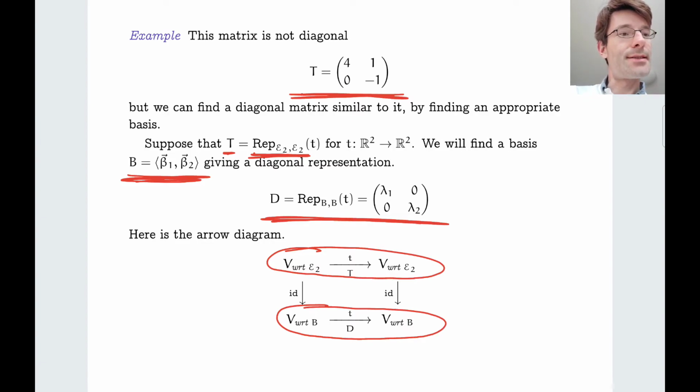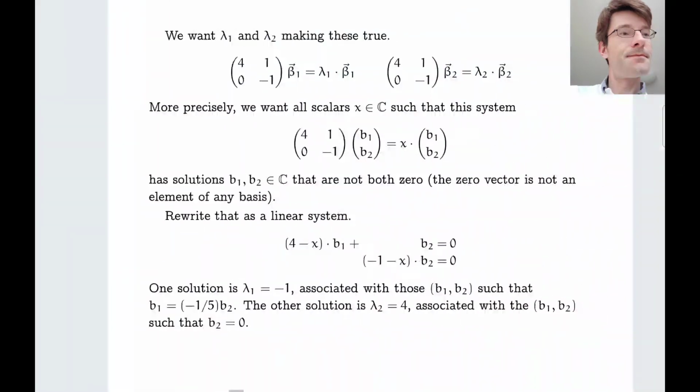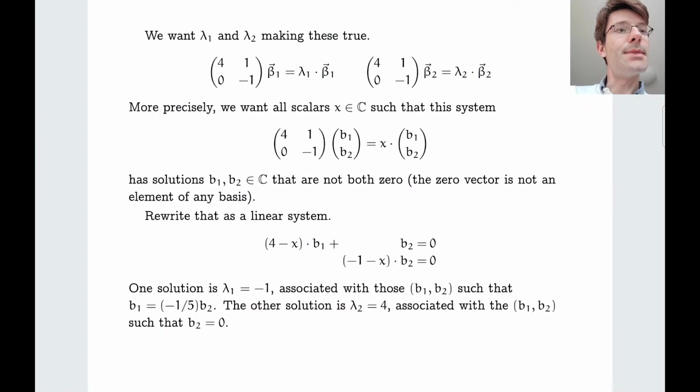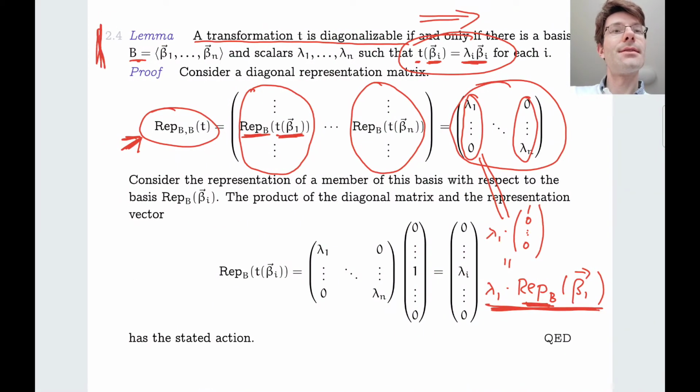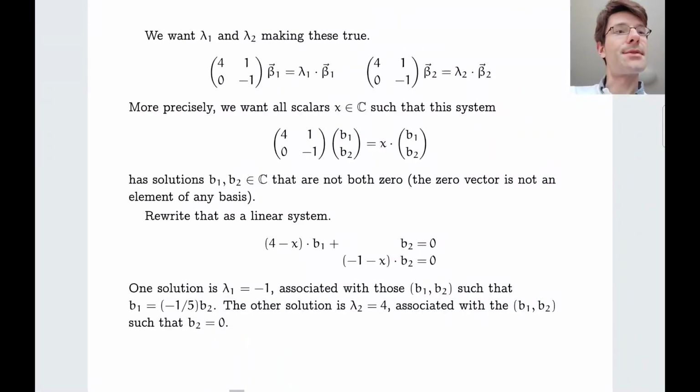Okay, and that means now using the lemma, this lemma here, we have to find basis elements beta 1, beta 2, and scalars lambda 1, lambda 2, such that we have these equations.